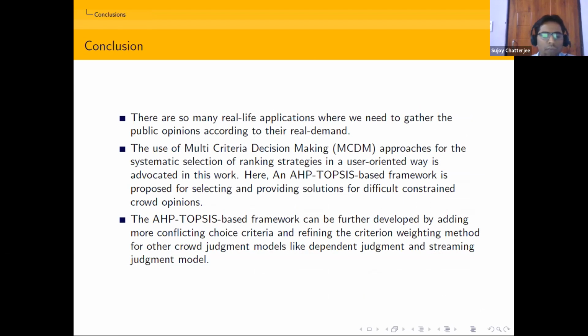We are trying to find a model that will contain dependent opinion from the crowd worker, which will be more difficult, so we are thinking in this direction. Another thing: we collected two objectives, coverage and deviation from the mean. If there are multiple objectives, how will we solve this problem? That is another proposed direction.